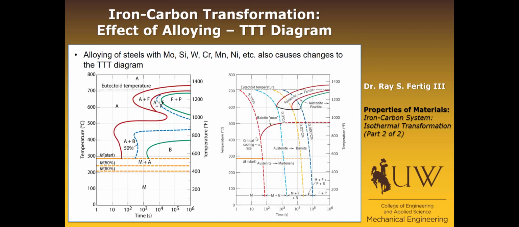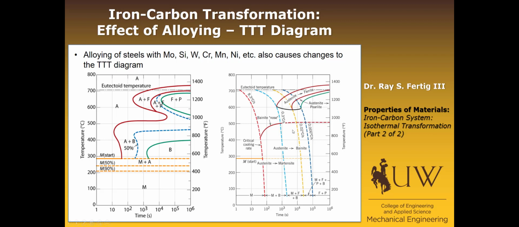Similarly, alloying will affect your time temperature transformation diagrams. On the left I'm showing you an isothermal time temperature transformation diagram, and you can see that it changes the shape fairly substantially over the non-alloyed case. On the right, I'm showing you the continuously cooled transformation diagram for an alloy steel.